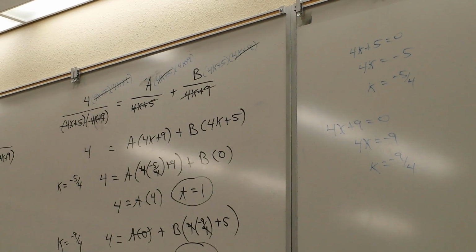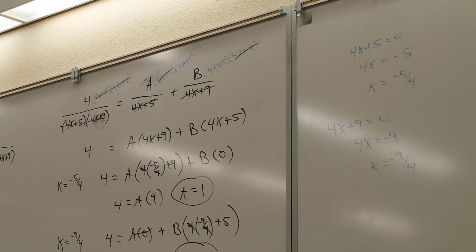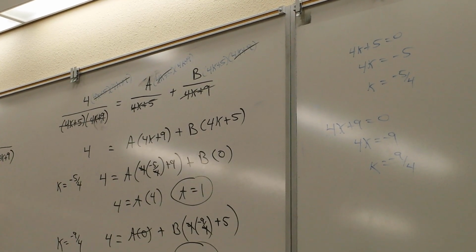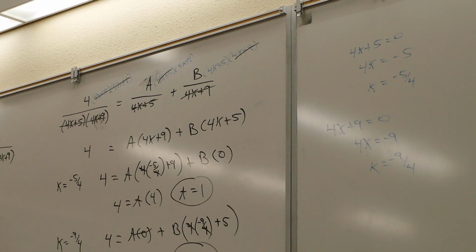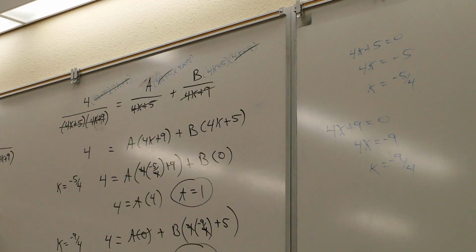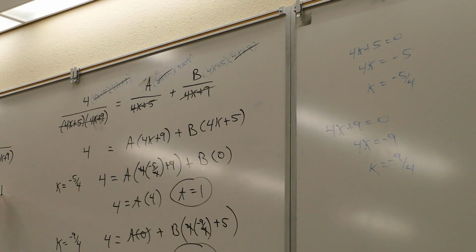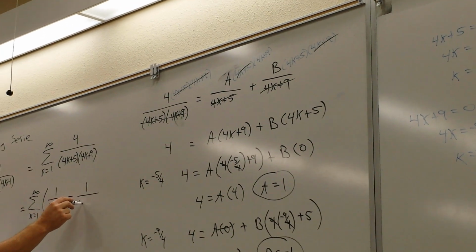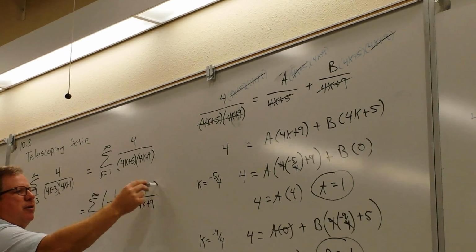So now we can rewrite this sum as a is +1, so 1 over 4k plus 5, minus, because it's -1, 1 over 4k plus 9.